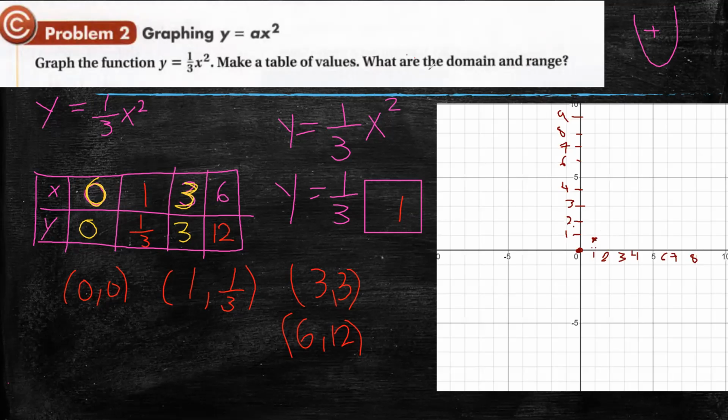Now then, (3, 3). Where's the point (3, 3)? So it is here. Now then, (6, 12). It's going to be upward. Here is (6, 12). Example, let's make it here.